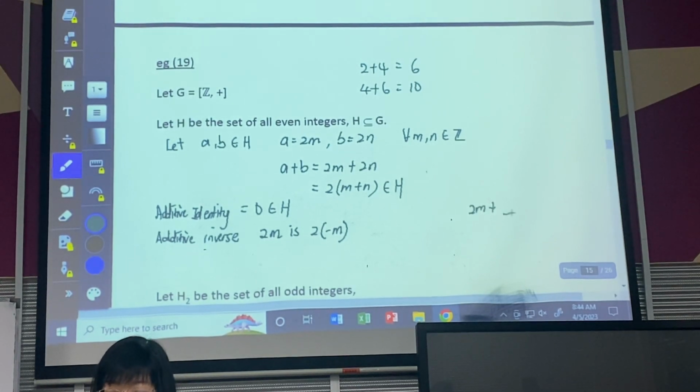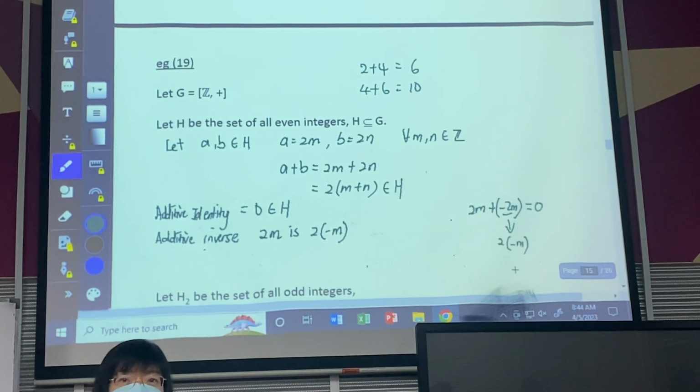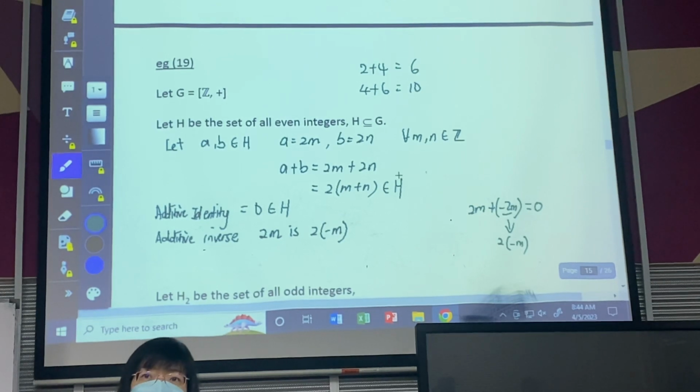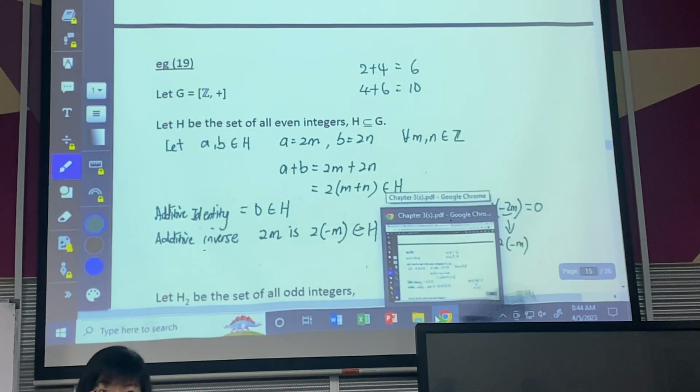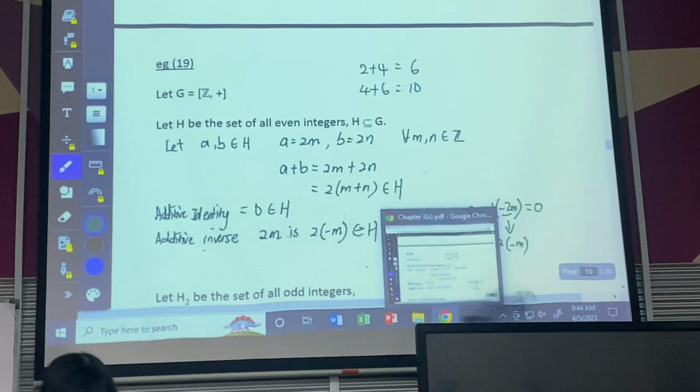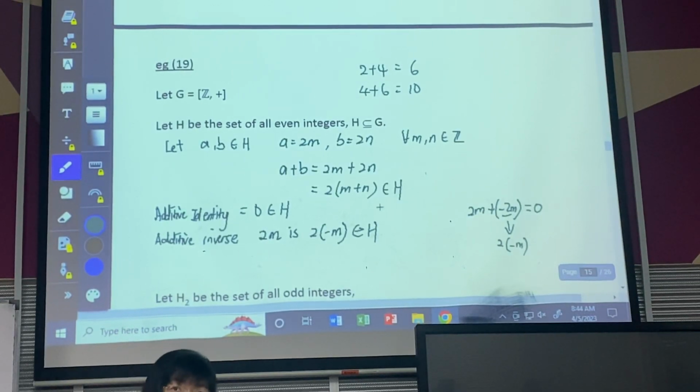If you want to find the inverse of 2m, you must get back the identity 0, right? So the inverse here must be negative 2m. Alright? So negative 2m is actually the same as 2 multiplied by negative m, right? Why do I want to write it like this? Because I want to show that this is also an even integer. I want to show that the inverse also belongs to H. Multiplying 2 by any integer, you also get back an even integer. So that's why I put it in this form, rather than negative 2m.